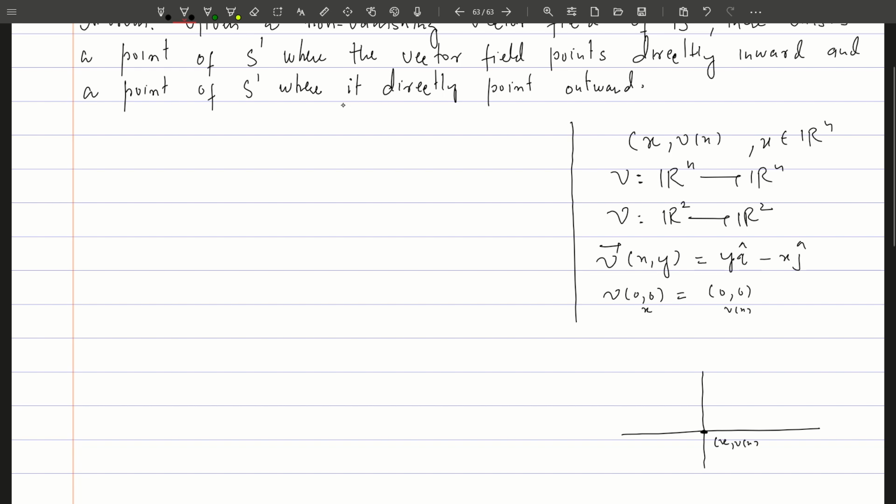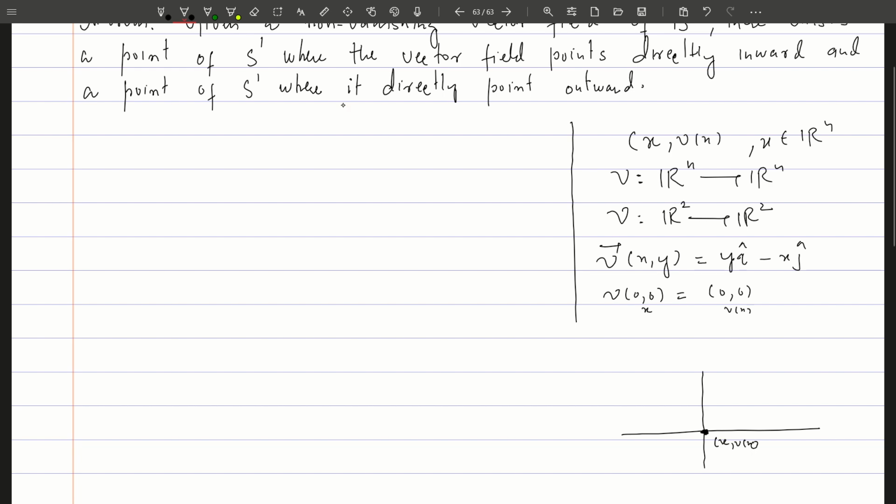It is not possible to draw a graph of such a function, because it needs 4 dimensions to visualize. So to get a picture of how this graph looks, we use this vector field. When we give input 0, 0, we get output 0, 0, so we can represent it by this point over here.